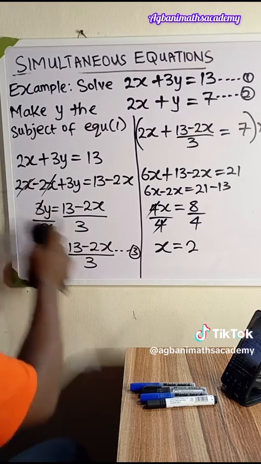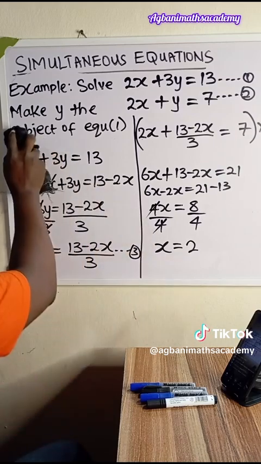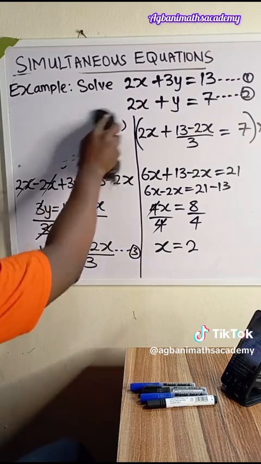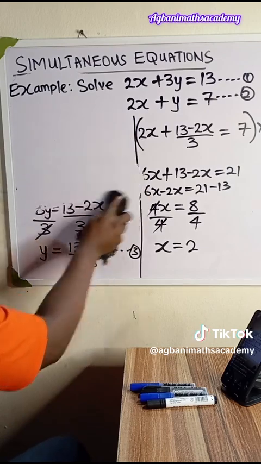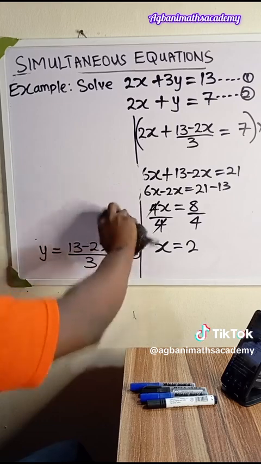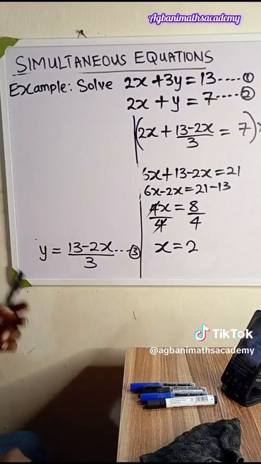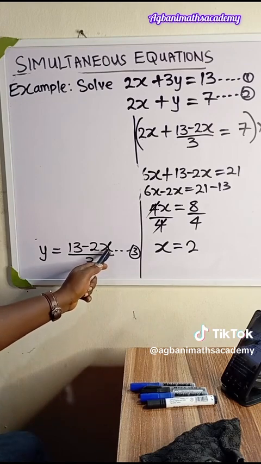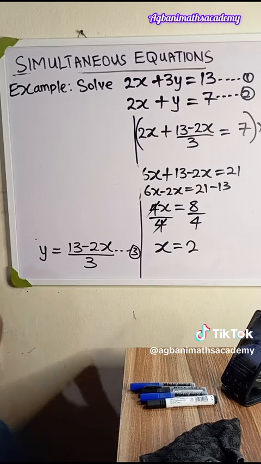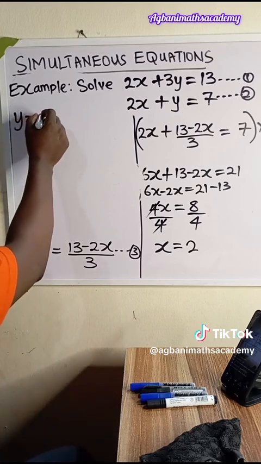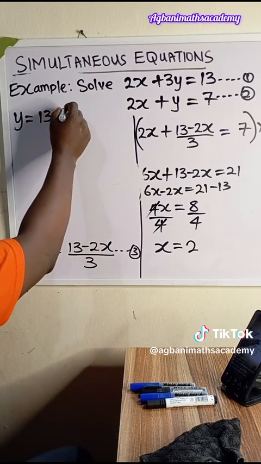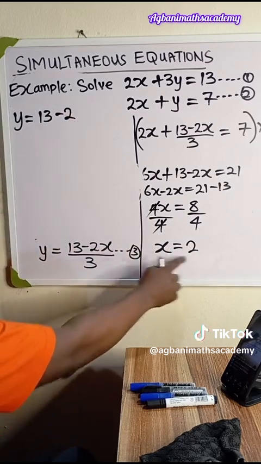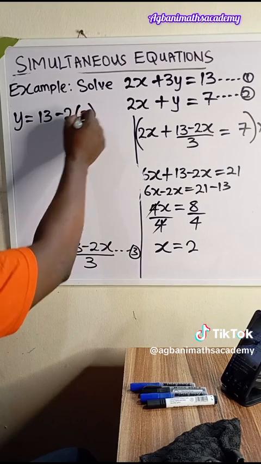Okay. So we've gotten x to be equal to 2. So now just as we did in the first example, since we now know x to be equal to 2, we put it back into equation 3. So now we have y is equal to 13 minus 2, instead of having x here, we're going to have 2 all over 3.